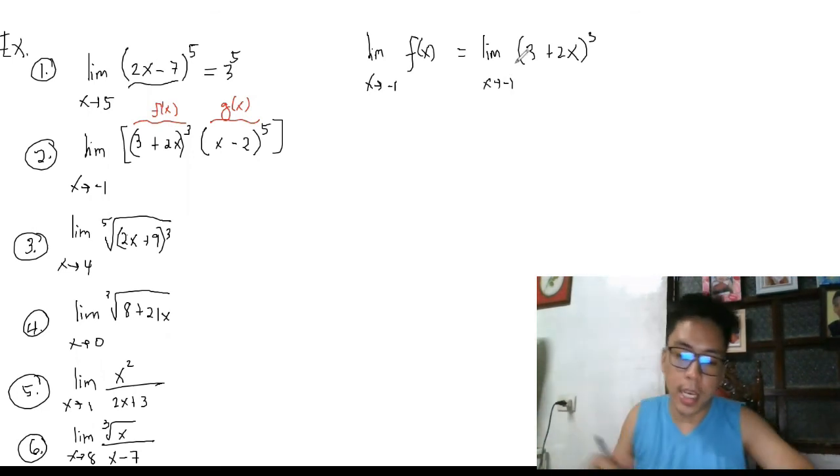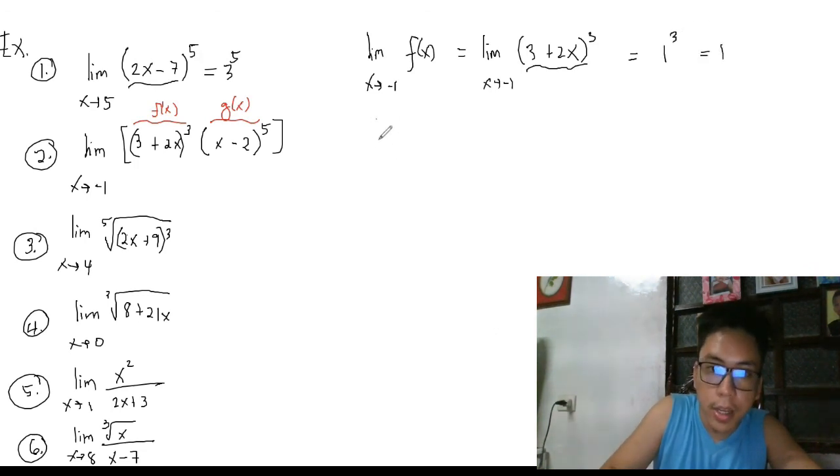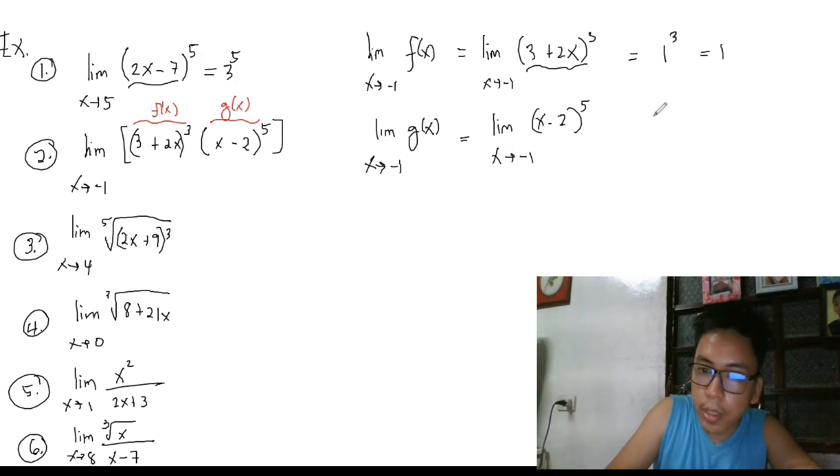Basically, we only have to take the limit of this linear function here, so that's 1 raised to 3, that's 1. The limit of g of x as x approaches -1 is the same as the limit of (x minus 2) to the 5, with x to the -1. So that's -3 to the 5.